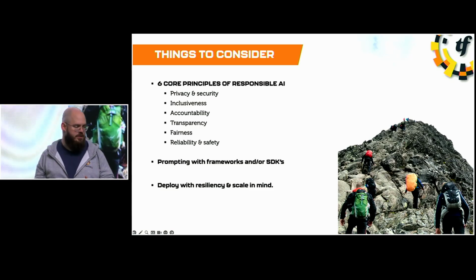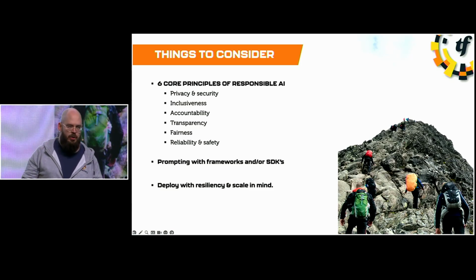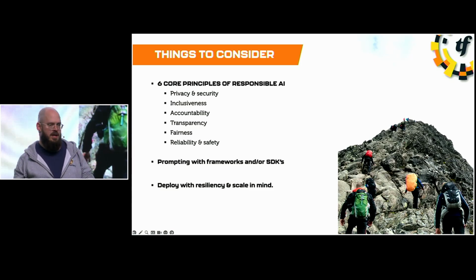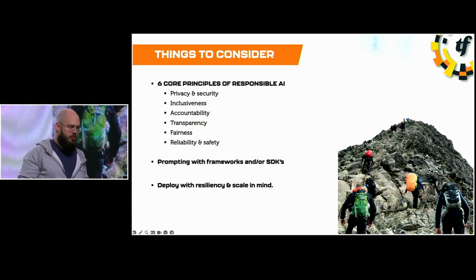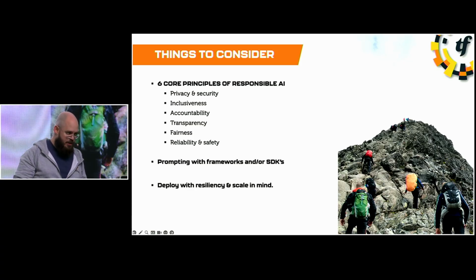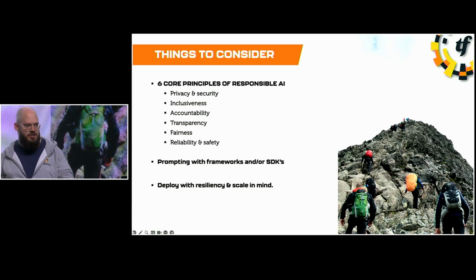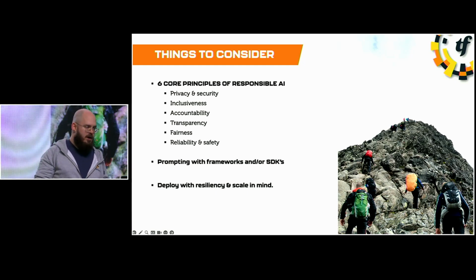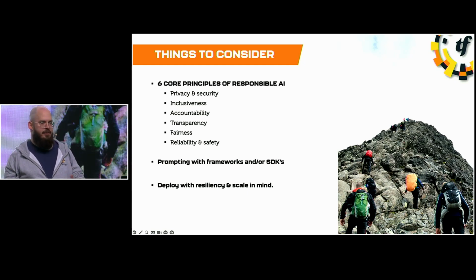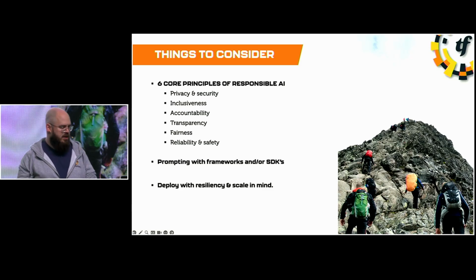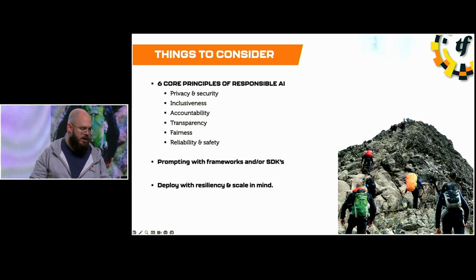And one of the things that Azure is doing with their OpenAI implementation is taking this a step further in making sure that you are responsibly working with Azure OpenAI. So your data is within your boundaries, for example. But we also have to think about inclusiveness. Accountability, like, do we let the AI make the decision, or do we check what the AI thinks and check if what it's saying is actually okay?